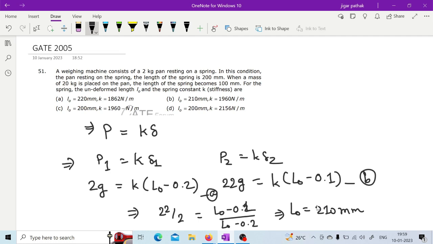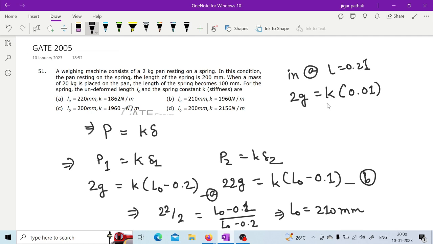So once you put this L naught as 0.21 here, then 0.21 minus 0.2, if you put it in A, L is equal to 0.21, then you will get this 2G is equal to K times 0.21 minus 0.2, 0.01.